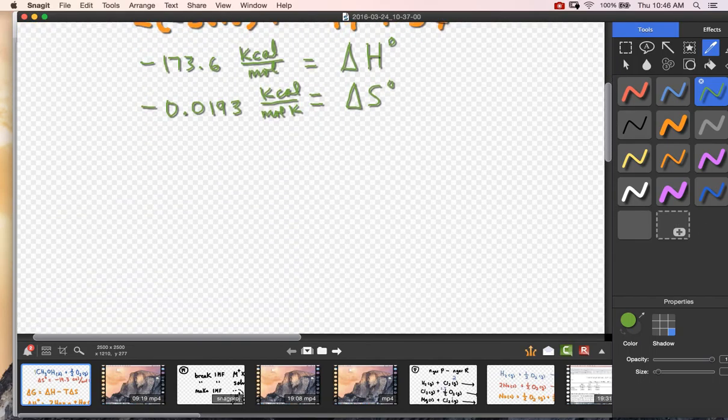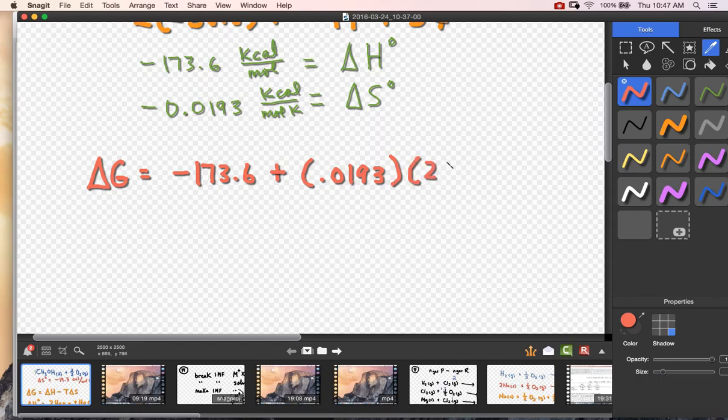So now applying Gibbs free energy equation, delta G is equal to minus 173.6. Now we're going to have a minus, so that's going to change that sign to a positive 0.0193 times 298. So the unit here will be kcals per mole. The unit with delta H will be kcals per mole.